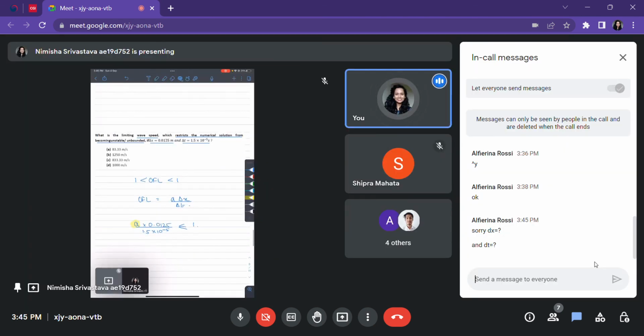This is my delta t, 1.5 into 10 to the power minus 5, and delta x is 0.0125. Please solve this and write the answer in the chat box. I'm waiting.